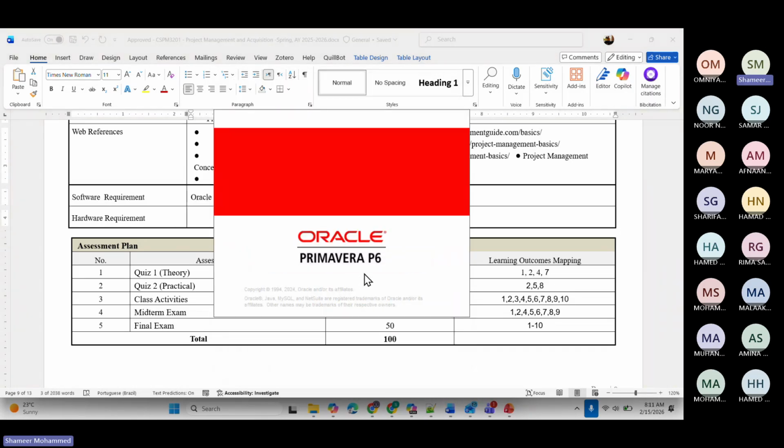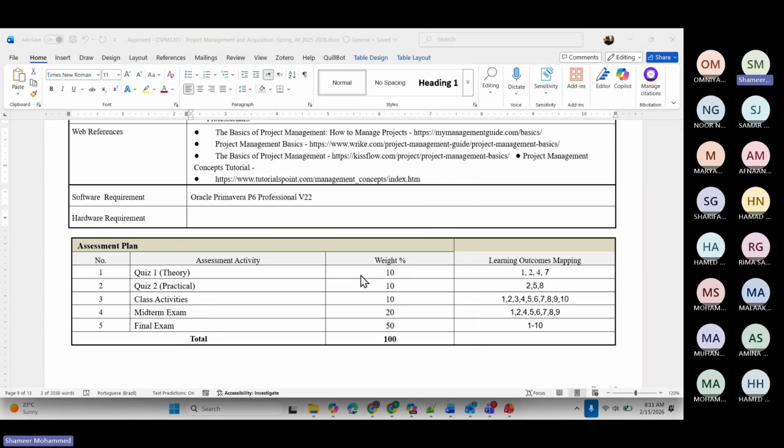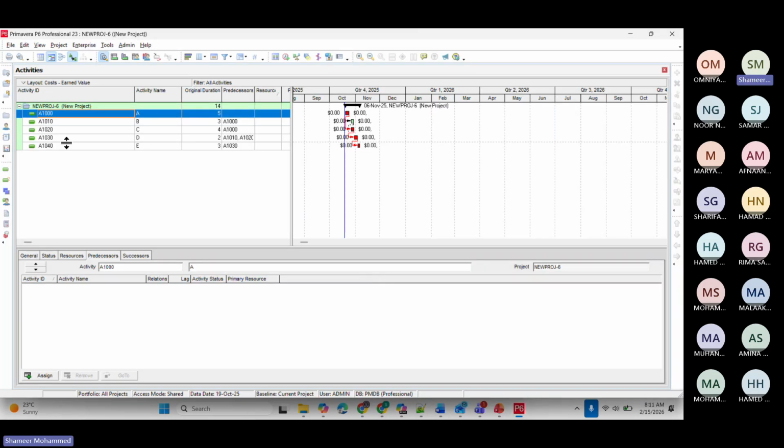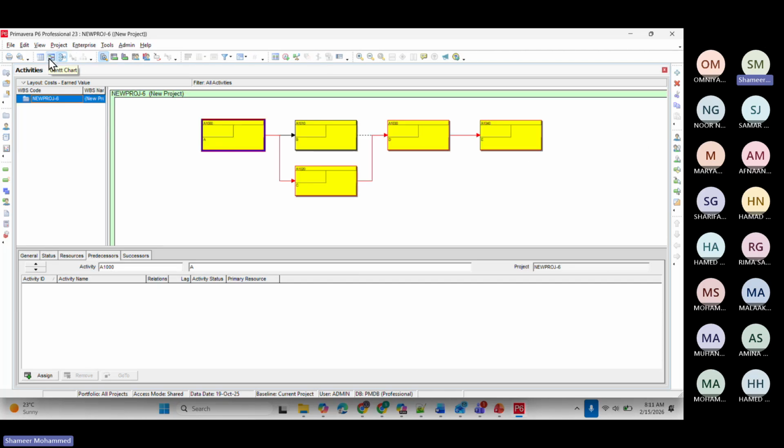See, like this, it will appear to you when you open. Like this, you will learn. Understand? So this is your project. You can see here, you can learn like this. You can draw this Gantt chart, your network diagram.